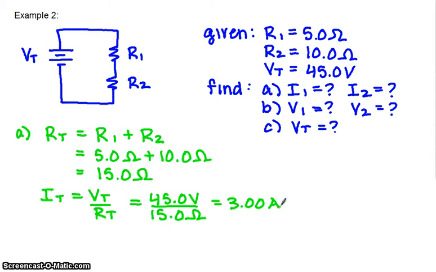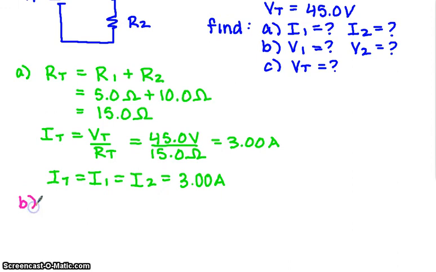Now again, because this is a simple series connection, the current's the same everywhere throughout this circuit. So the total current is equal to the current going through resistor 1 and is also equal to the current going through resistor 2. So all of those values are 3 amps.